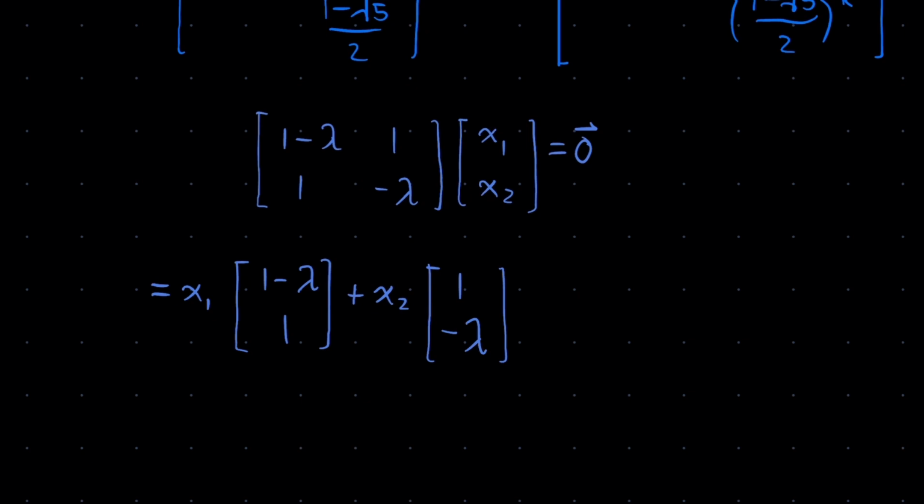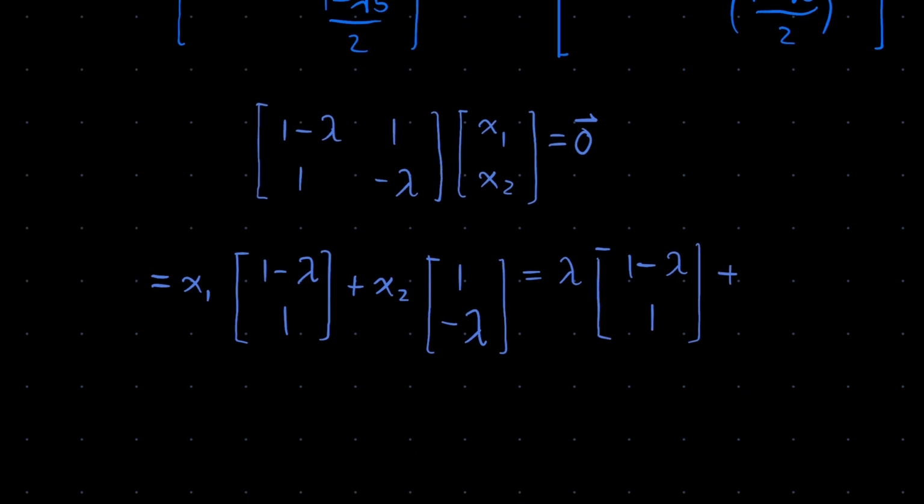Okay, and notice why I'm not using the values over here. It's because the values are quite messy. They're quite hard to manipulate around. So we're just going to use the general version of the eigenvalue. And actually that kind of works. So notice that if x1 is equal to lambda, the eigenvalue itself, we have this.